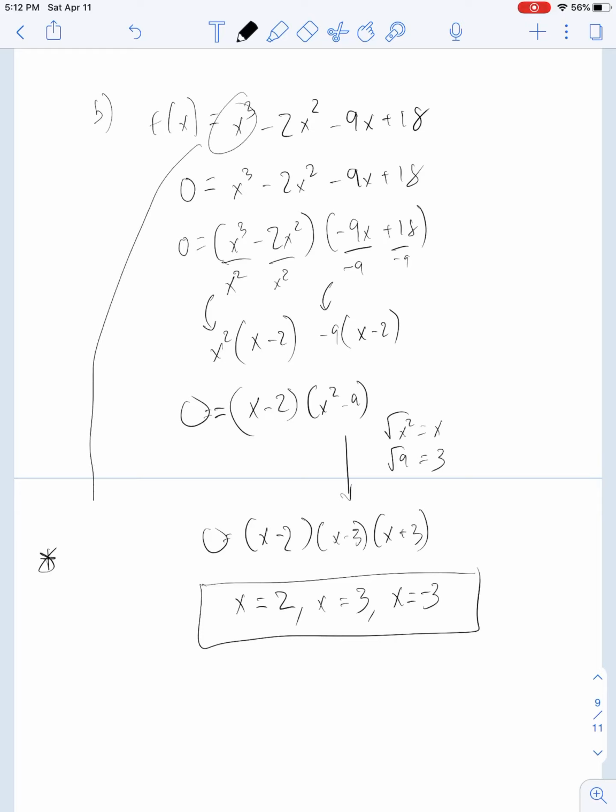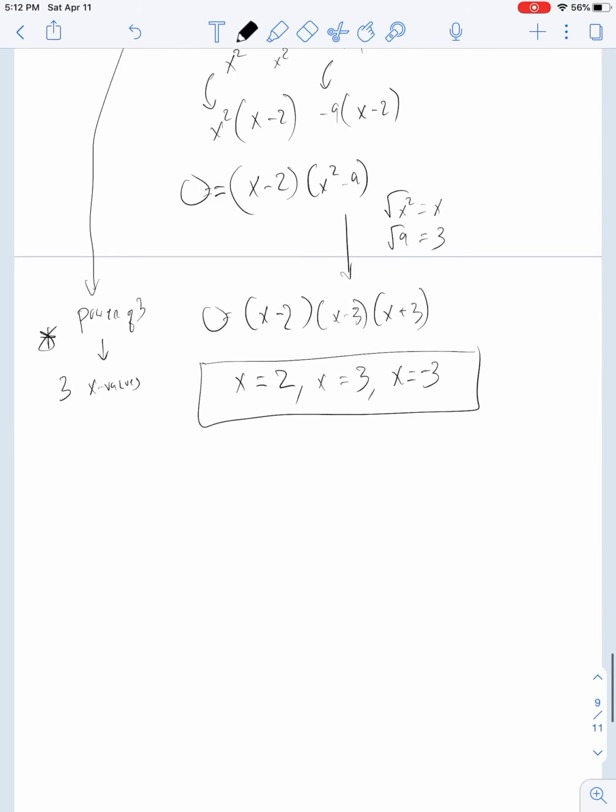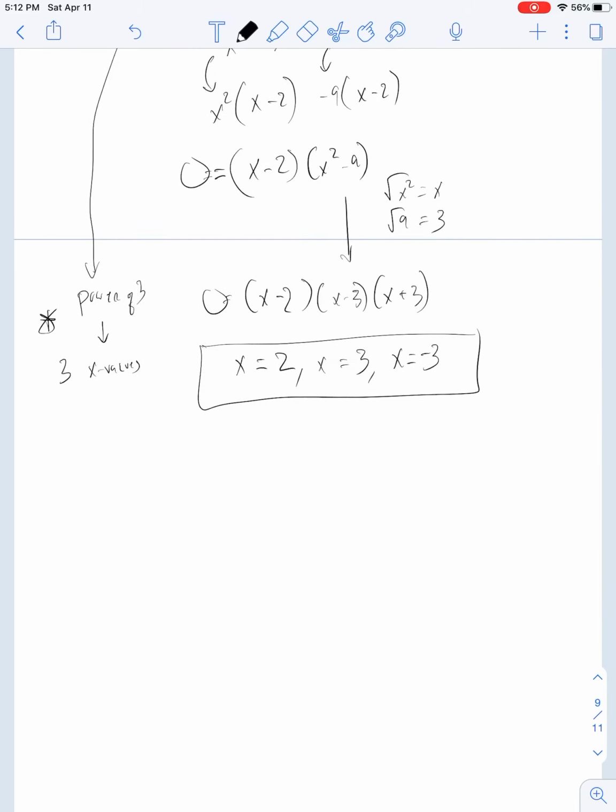Don't forget here, because of the fact that this has a power of 3, that should tell you that you should get 3 x values, all right? That's always a nice clue. Most of the time, not always, but most of the time.